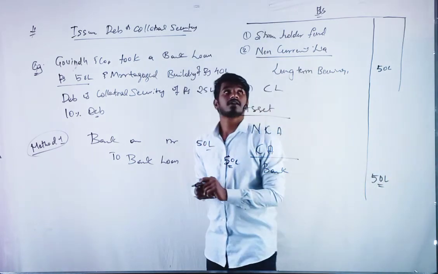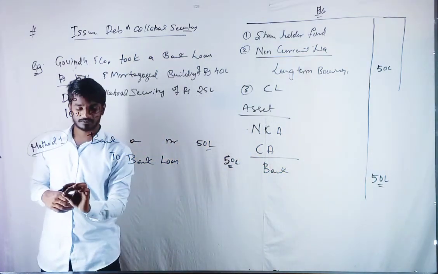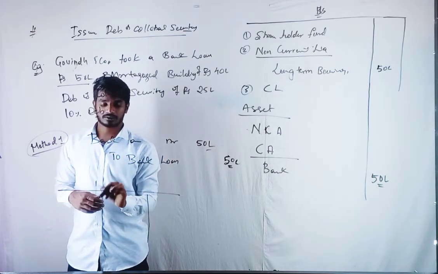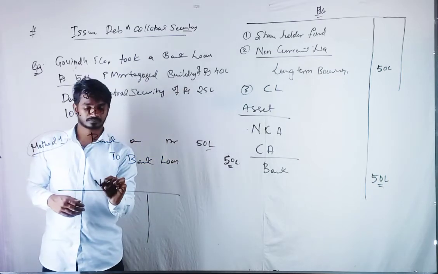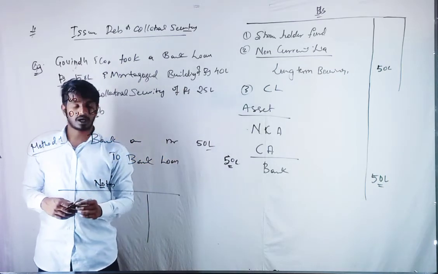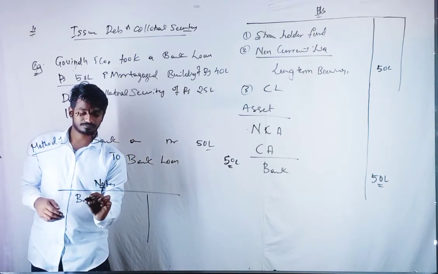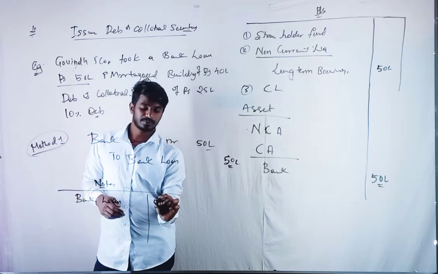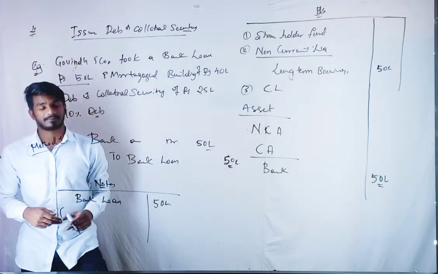This will be the treatment in the balance sheet, and we should make a note in the notes to accounts: bank loan of rupees 50 lakh, and we will describe it here.